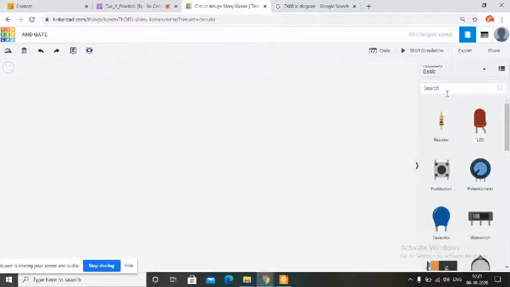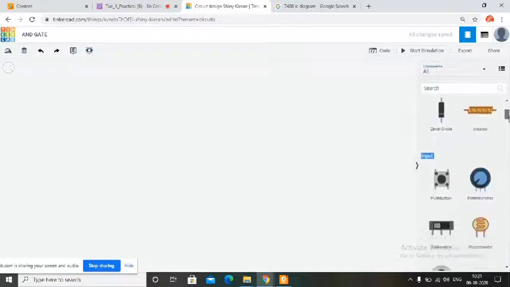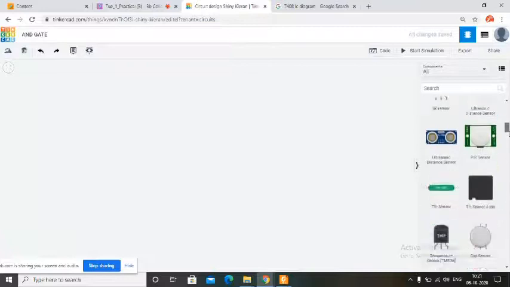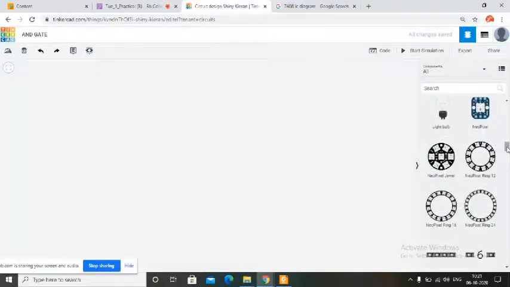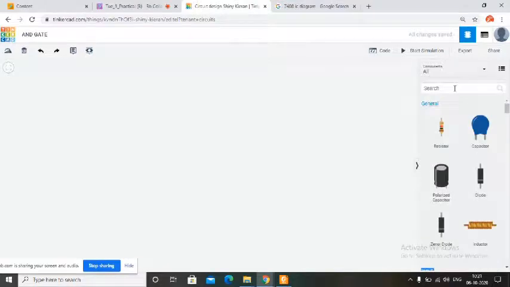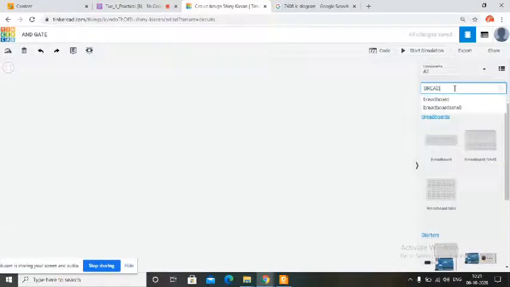After that you will need the various components to make this circuit, right? So let us choose all the components, either in the basics option or all the components. If you scroll down, you can see all the components are mentioned there. Either you can scroll this window and choose in that manner, or you can just type the component name, like breadboard.